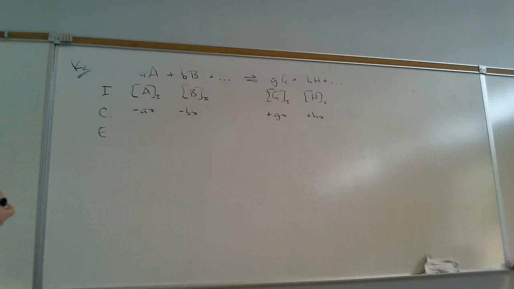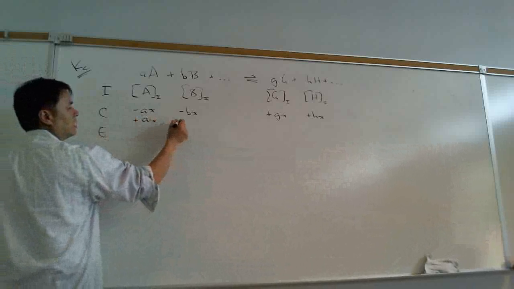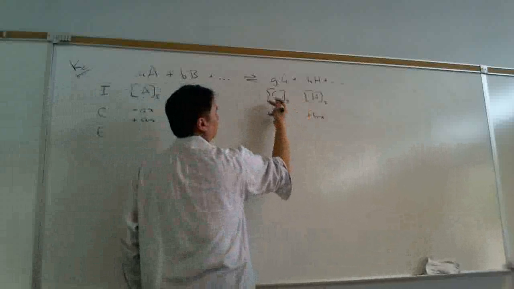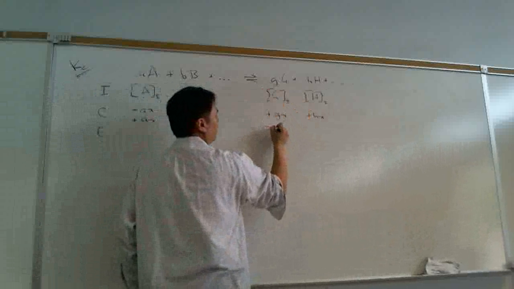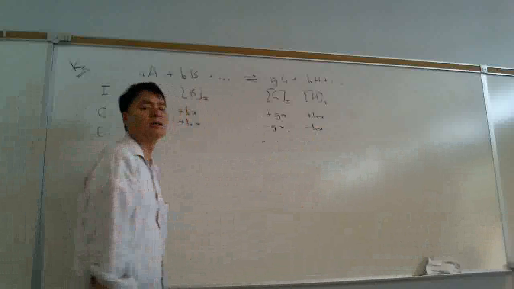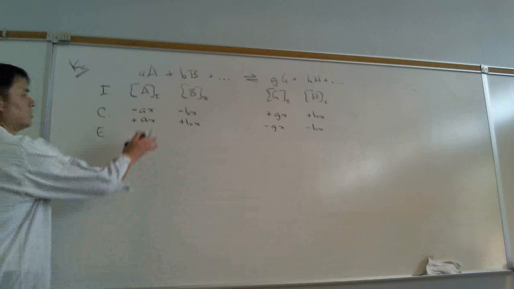No. So sometimes it goes in the reverse direction, like plus aX, plus bX, because we have nothing here, but we have product here, and since these reactions are reversible, we can get a minus gX and a minus hX here. So the reaction can go in either direction depending on what the initial conditions are.